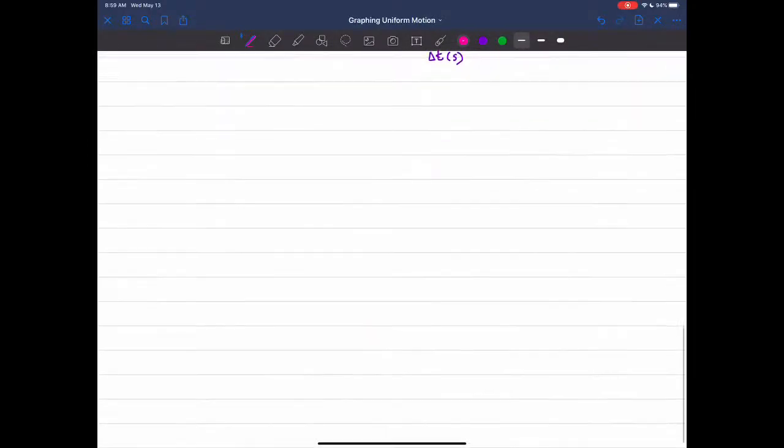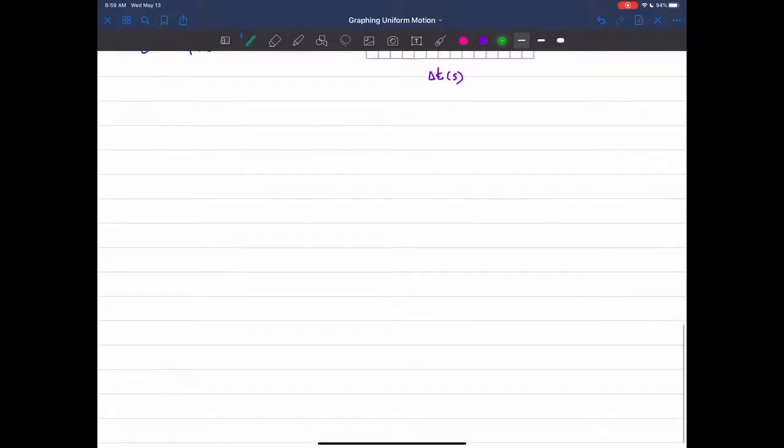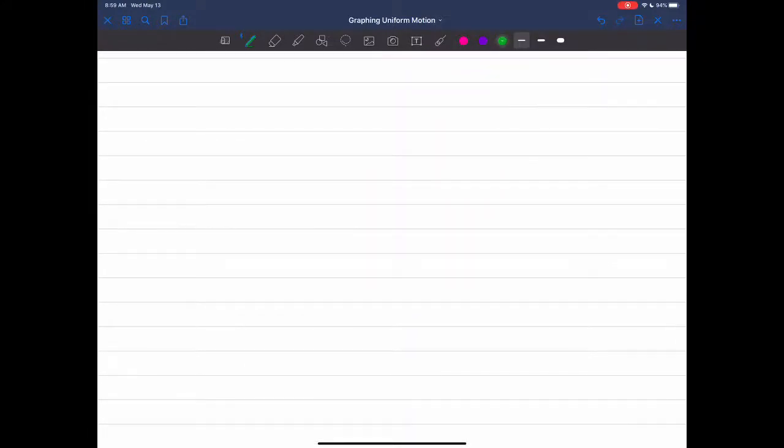All right, next we get to speed time graphs, okay? So we got to look at speed time graphs.